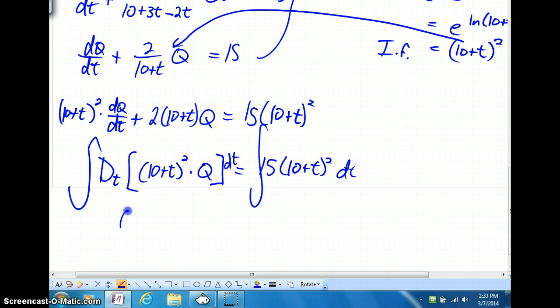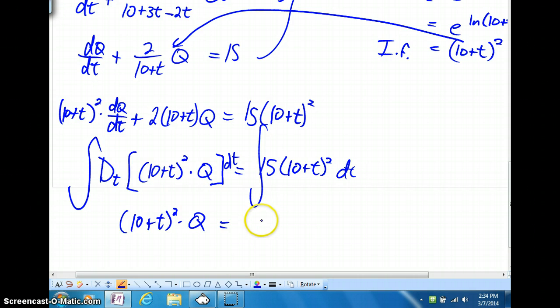And our left-hand side, we get 10 plus t quantity squared times q. Ooh, let's get some calculus practice here. Sometimes kids will say, I'm going to do a u substitution. Hope you can even do that in your head. Imagine it was 15u squared. We'd bump that up to the third power, and then we'd have to divide by 3.